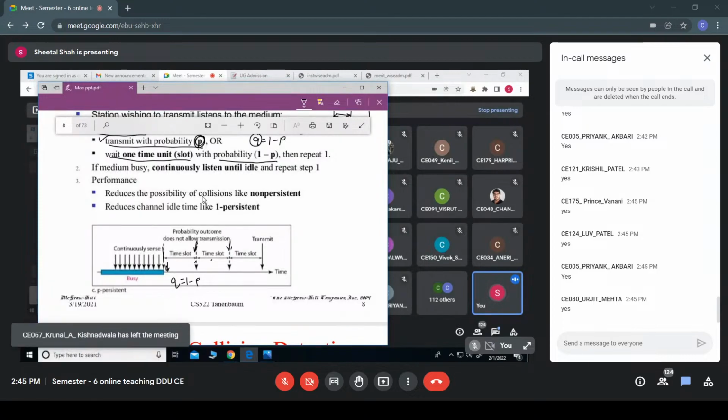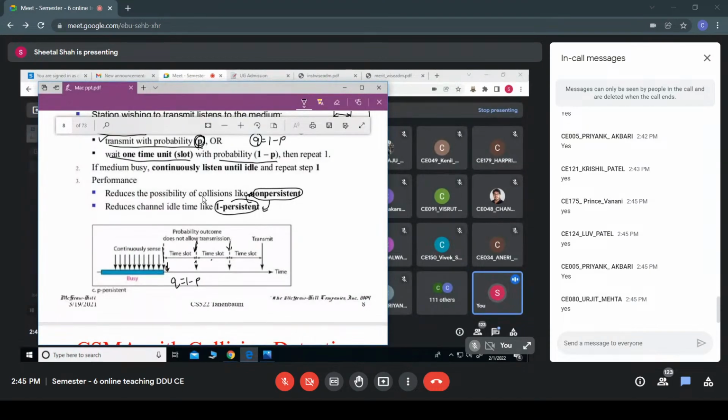Like here it should be one non-persistent, and one persistent should be here. So in case of this it reduces the possibility of collisions like one persistent CSMA. In the one persistent CSMA, we knew that as soon as the channel becomes idle, the chances of collision would be more, isn't it?